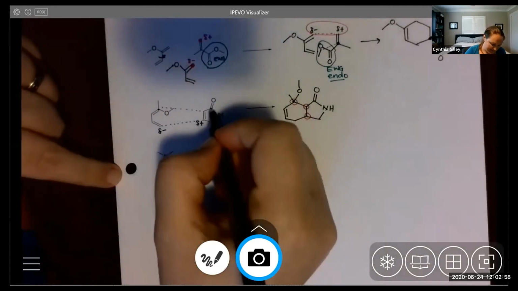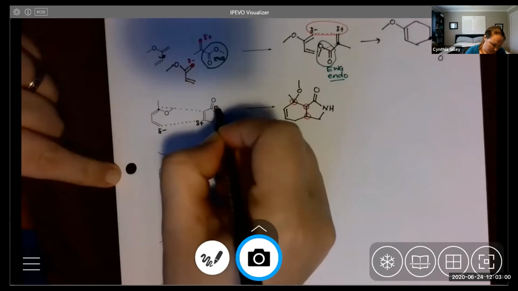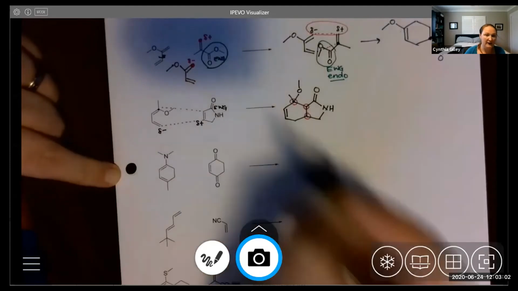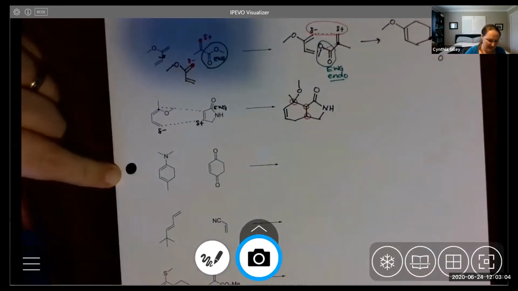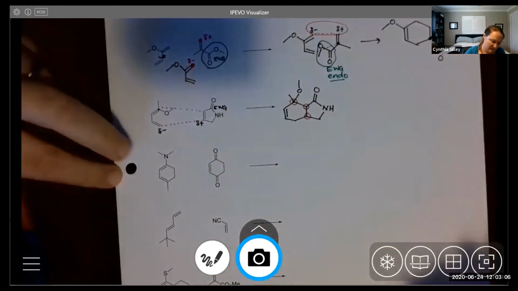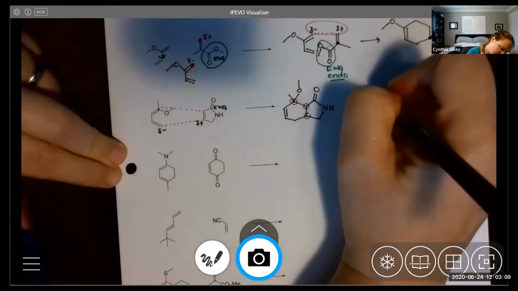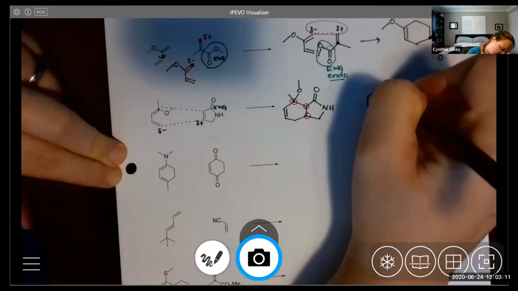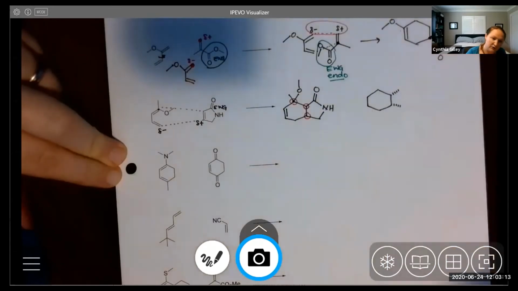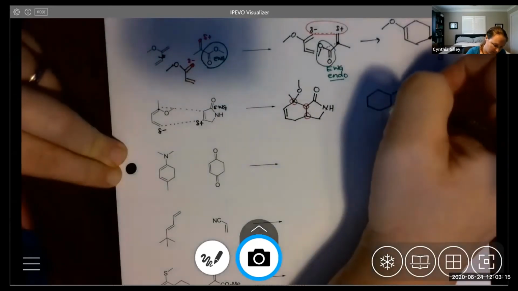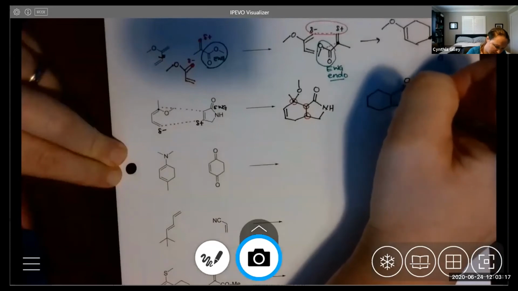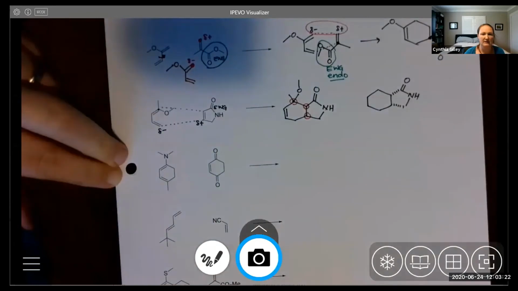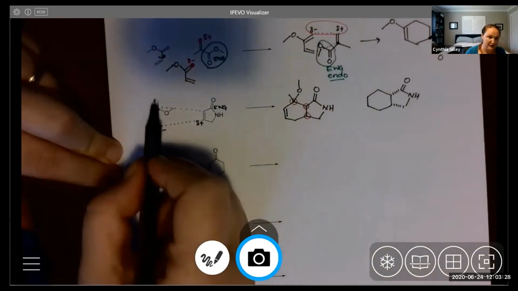Notice that this is the electron withdrawing group, the orbital here. It needs to point in, which means these bonds are going to be down. So when I have the stereochemistry included, I draw those. They're both down because it's part of a ring. So if one is down, the other one has to be down. And up here, we just look for the positioning.